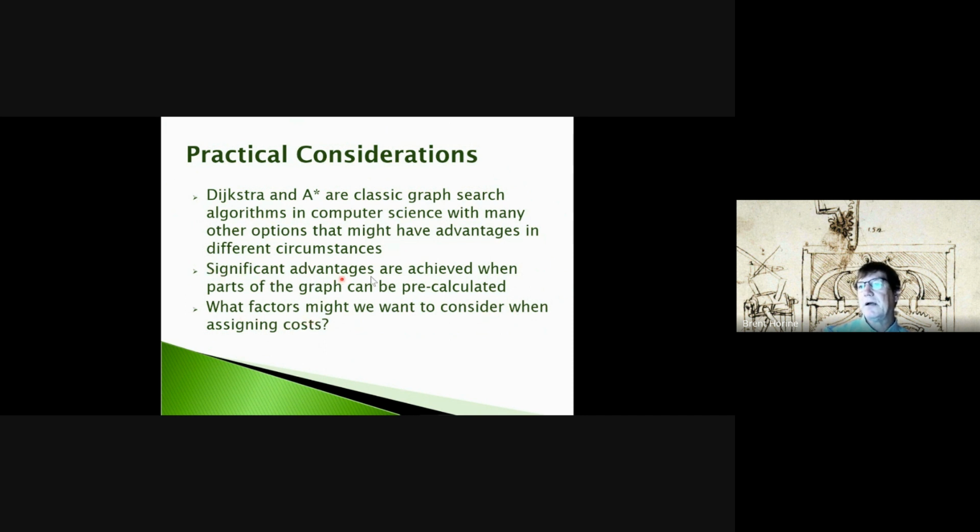I'll note that there are ways that maybe part of the graph can be pre-calculated. There are challenges, if you're taking a long trip, of bringing in all the different lane segments. So we don't always use these directly. If there are a lot of lane segments, we may run out of memory to bring them all in and calculate that graph all at the same time.